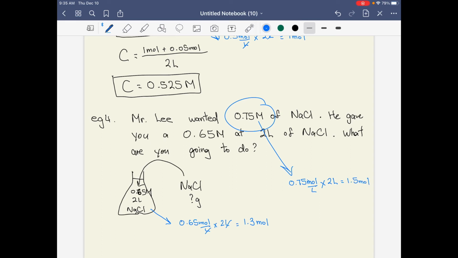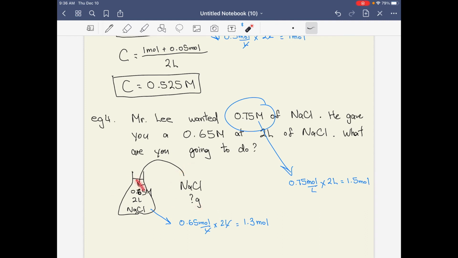So check this out. You pretty much have this question done. Your initial concentration here is worth 1.3 mole of NaCl. That's how many moles of NaCl is in here. Your final concentration has 1.5 mole of NaCl. The difference in mole is how much you added in, right?